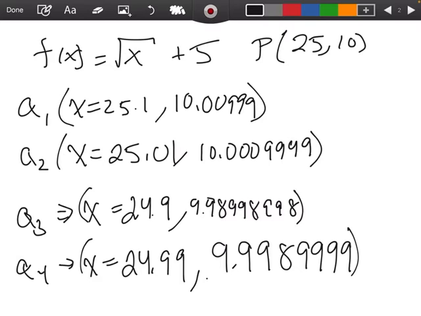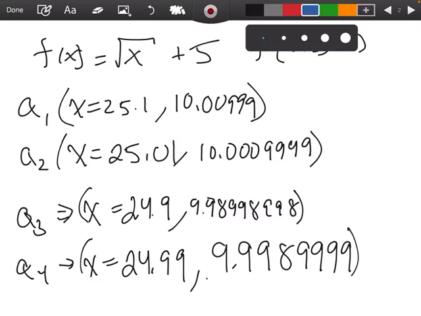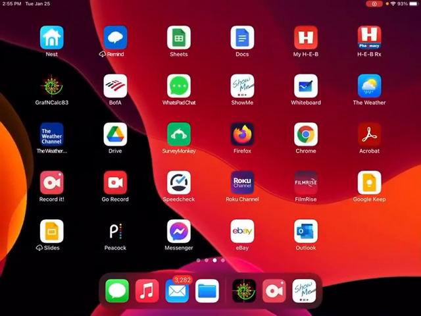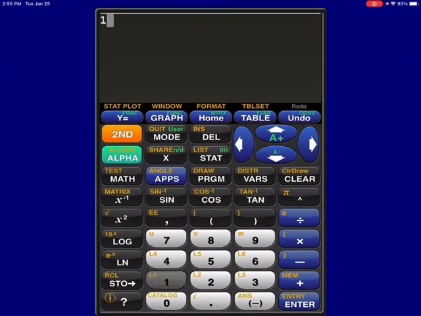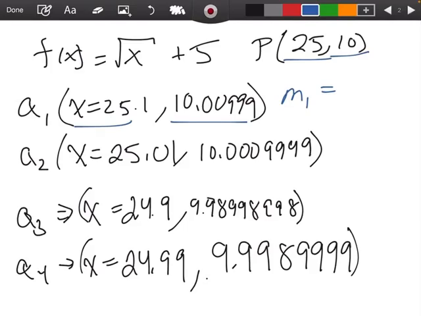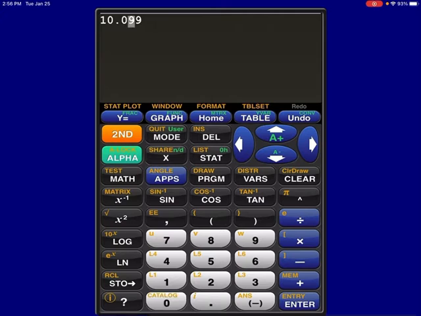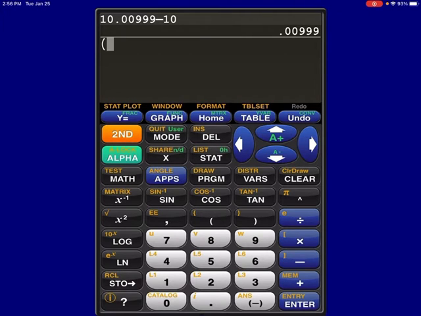Okay, so now let's see if we can find it. What I'm going to do here, y'all, is call this M1. So I'm going to take this value minus that, divided by this value minus that. So let me get my calculator. Let's clear this out. 10.0123. Let me make sure: 2 zeros and then 3 nines, minus 10, divided by 25.1 minus 25.